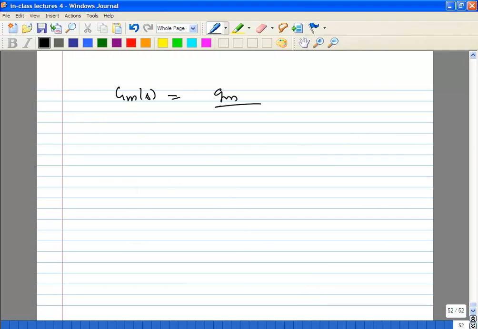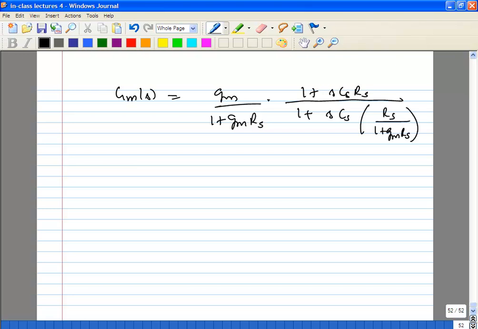Okay, so this is the 0 you wanted. You can rewrite it in this form.